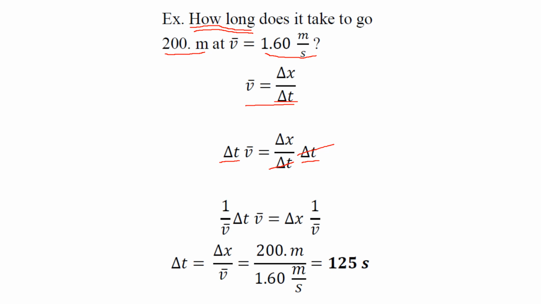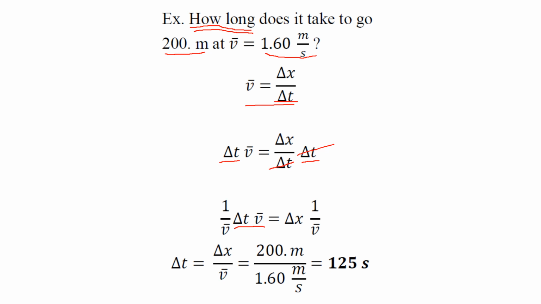And when we multiply by change in time on the left, we wind up with change in time times average velocity. We want to get change in time by itself. So we want to move average velocity to the other side, or get rid of it on this side, which is the same thing, or will lead to the same thing.